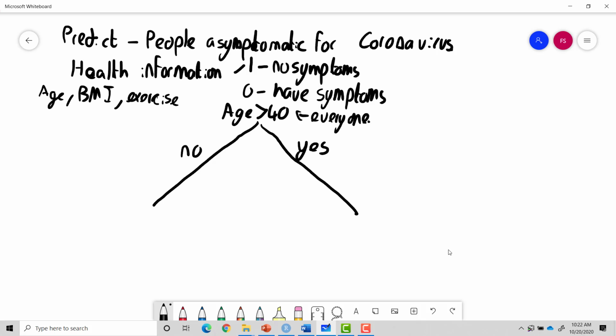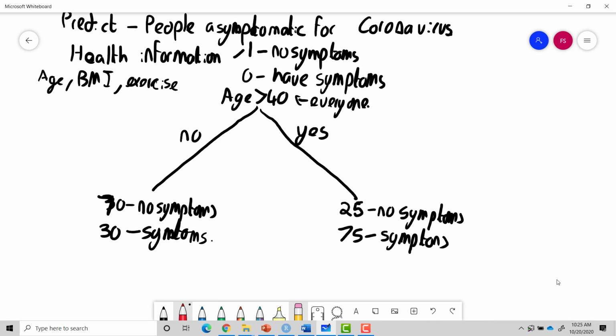Let's just say we have 100 people in each of these branches, 200 overall. Here we have 25 who had no symptoms, and we have 75 who have the symptoms. So this is a majority class, and so we choose this here.